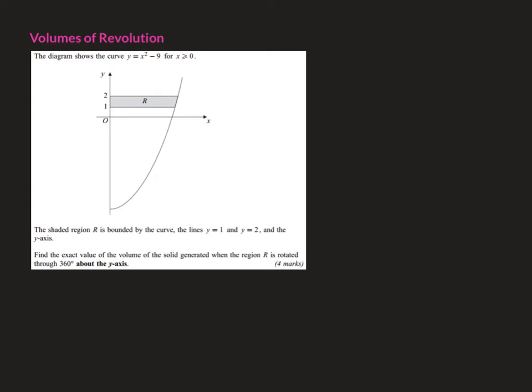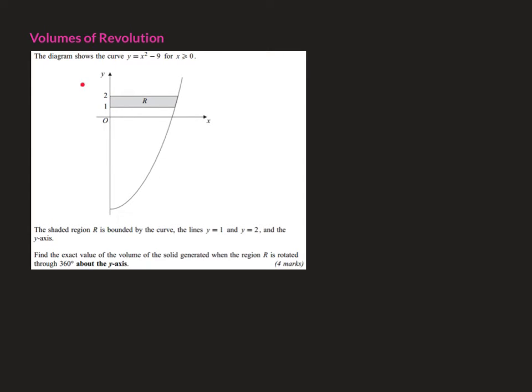Another possibility would be to rotate the function around the y-axis, and in the next example we have that. We are given the function x squared minus 9 for x bigger than or equal to 0, and this is the graph of that function. The region R that we are building is between the y-axis and the function, and it's bound by the lines y equals 1 and y equals 2.